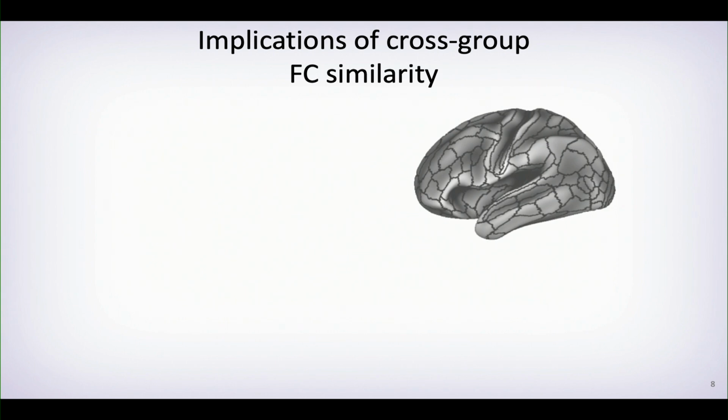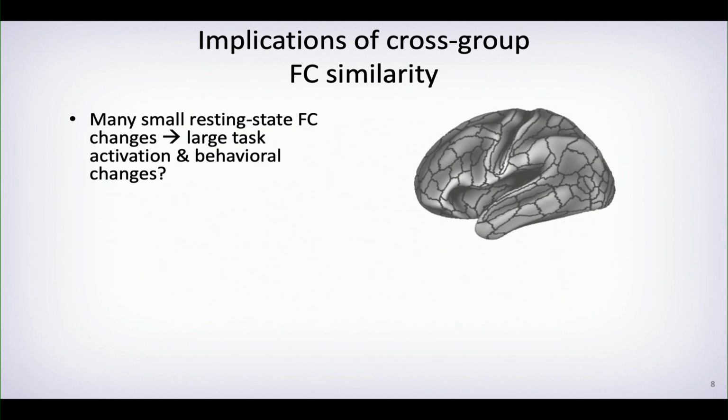So thinking a little more deeply about this, we started wondering how these small connectivity differences could potentially have some impact on behavior. One idea is that there may be a large number of small resting state functional connectivity changes that have a large impact on task activations, and then that would mediate the relationship with behavior.